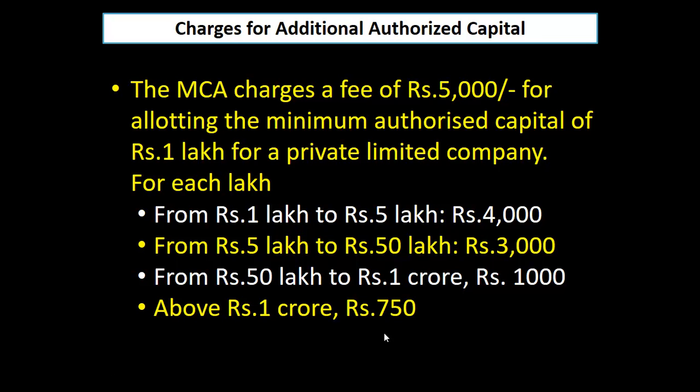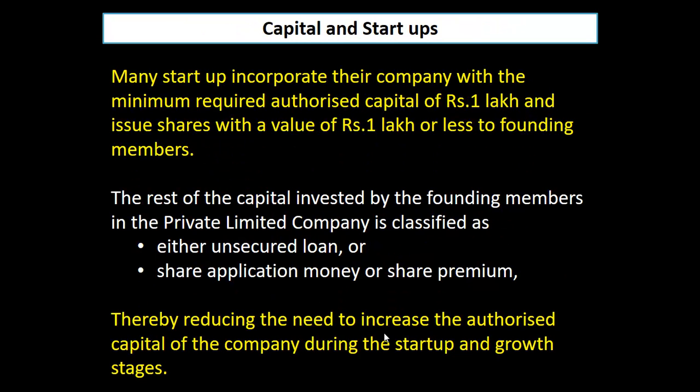So that means to start a business, you show the authorized capital, and later on you can increase it by paying the necessary charges of the Ministry of Corporate Affairs. The practice is that many startups incorporate their company with the minimum required authorized capital of 1 lakh.